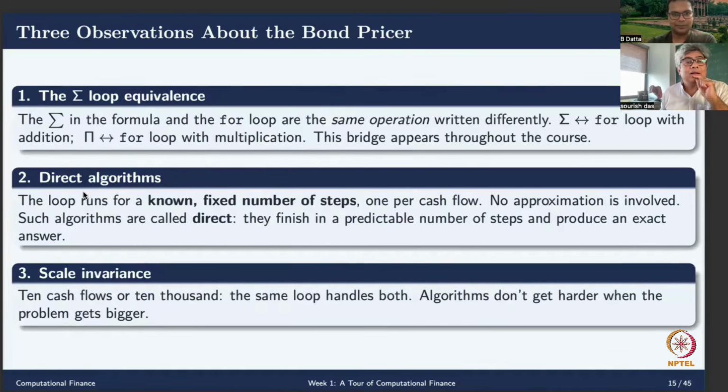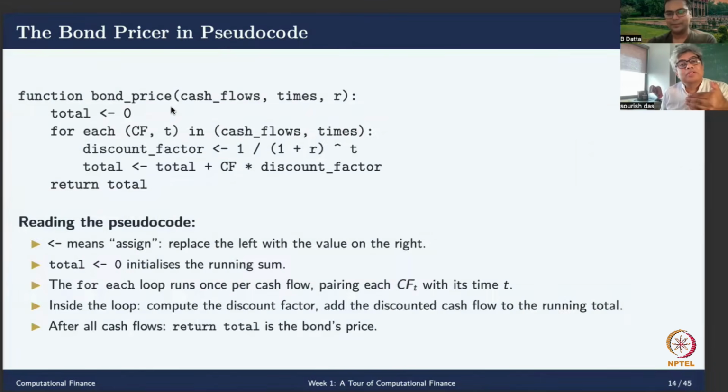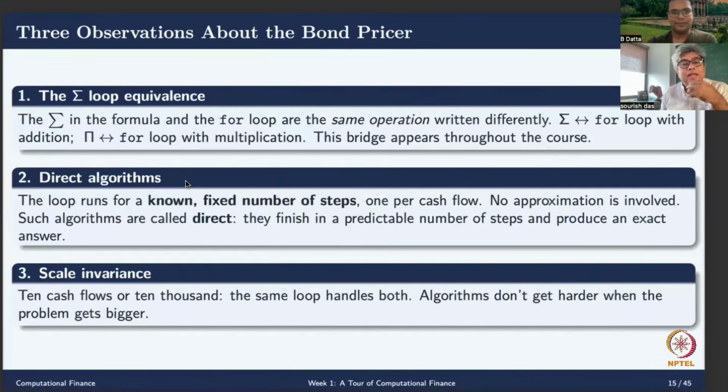And then direct algorithm: the loop runs for a known fixed number of steps, one per cash flow. So for each T, I have a cash flow, and for that cash flow the loop runs. Such algorithms are called direct algorithms.